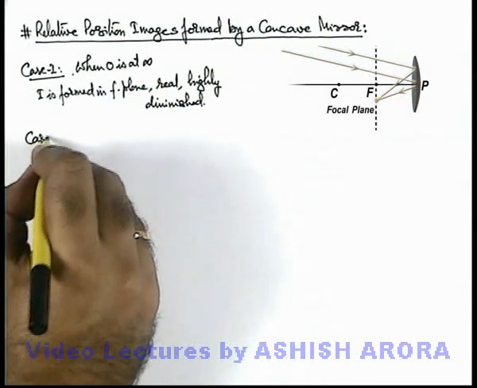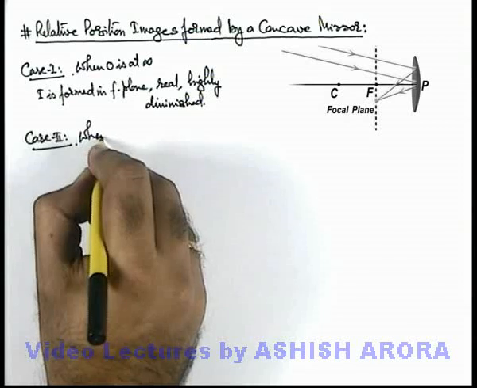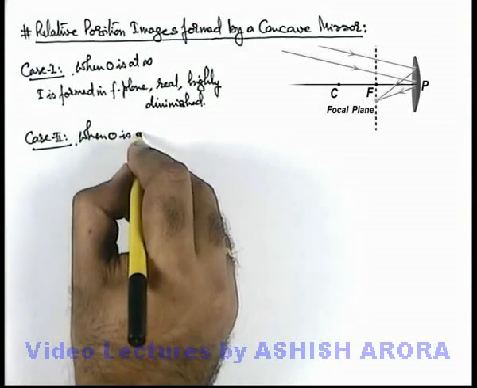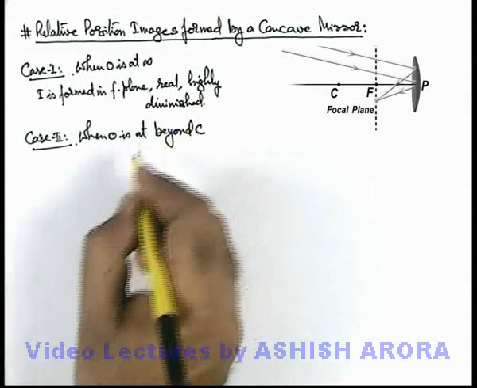If we talk about case 2, here we can see the object is located at a point beyond the center of curvature of the mirror.